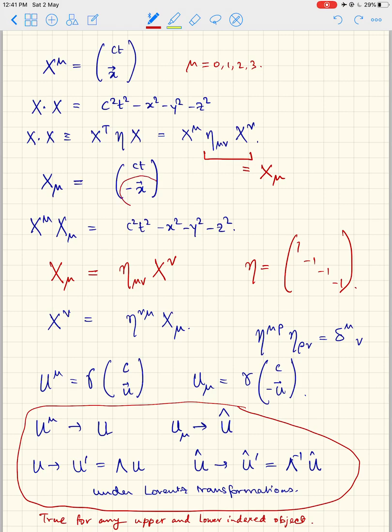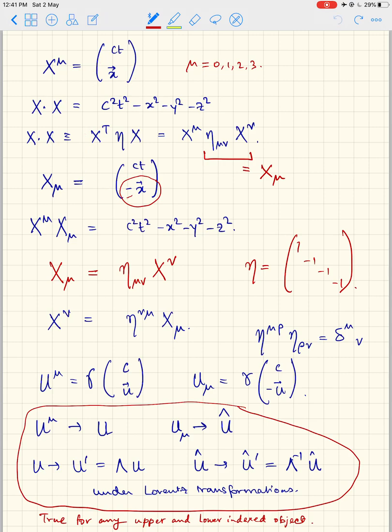So there is a sign which has changed. If you notice this and this, there is a change in the sign here, okay?